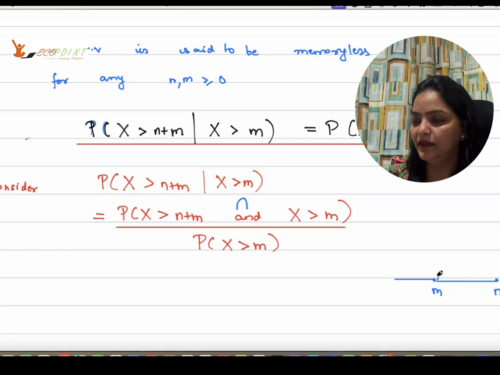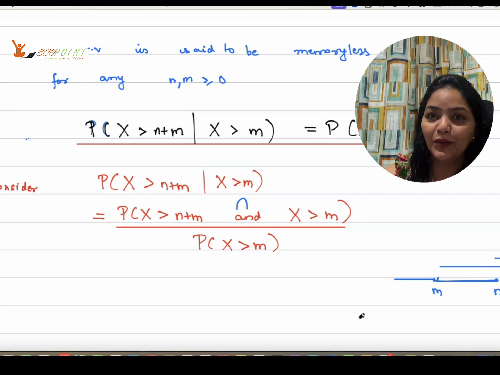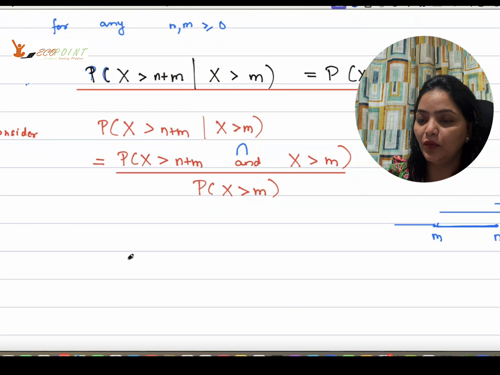What is the intersection of greater than m and greater than n plus m? What is the common area? Well, it will be probability x greater than n plus m, whole thing upon probability x greater than m.